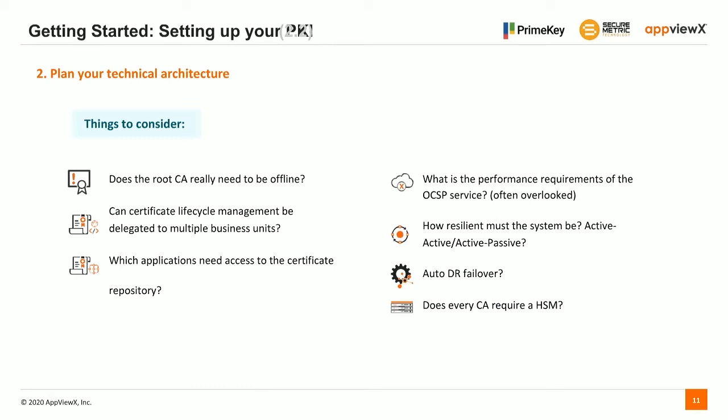You would need to have looked at the performance requirements of the OCSP service. This is much overlooked. Then you need to consider how resilient the system must be. Should it be active-active or is active-passive sufficient? And how about disaster recovery? Do you need automatic DR failover? Right? And does every CA require HSM?